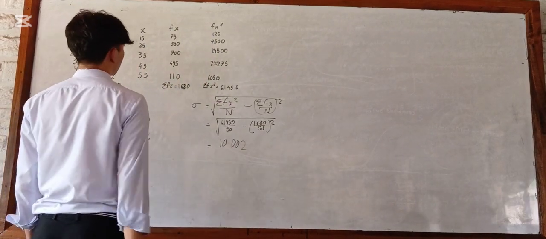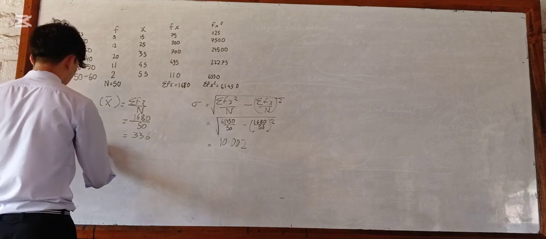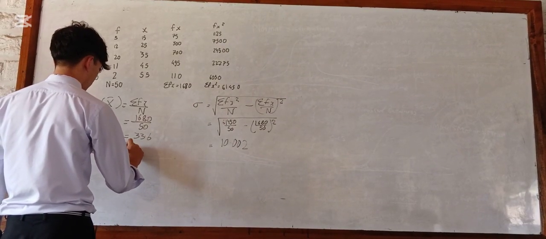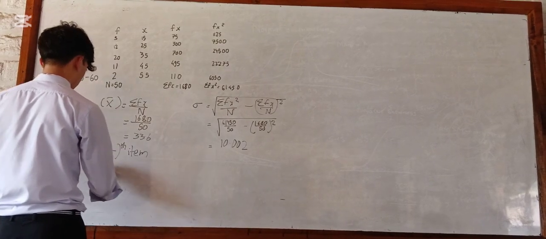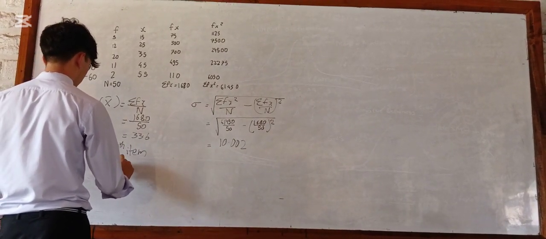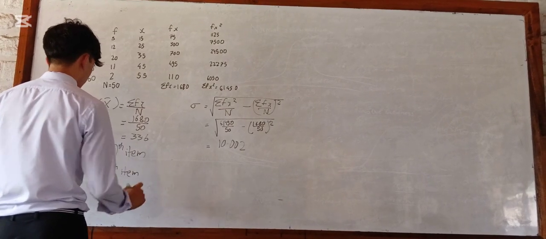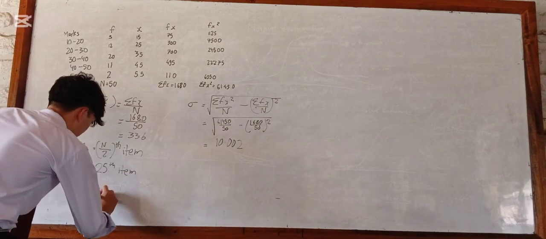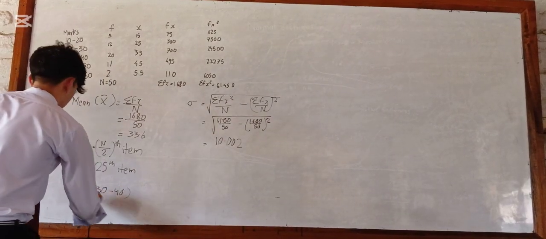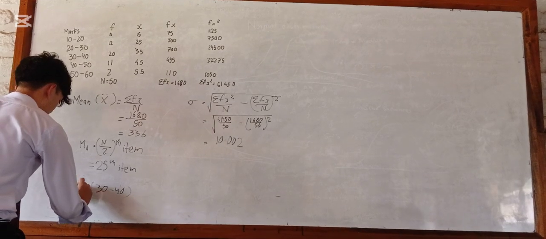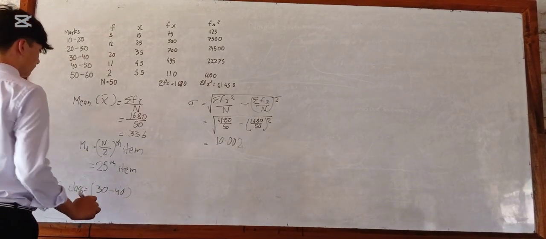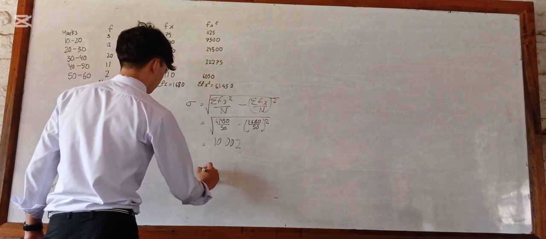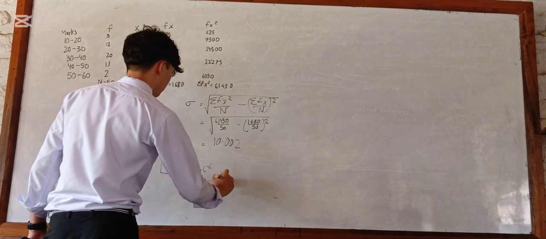After finding standard deviation, we have to find median MD. The median class is 30 to 40. After finding the median class, we know the formula L plus n by 2 minus CF by f into i.